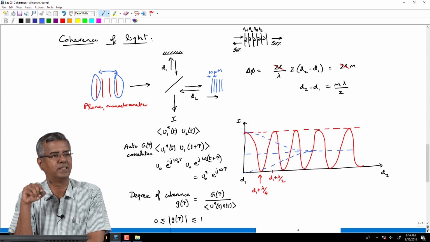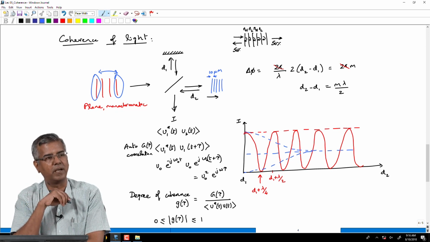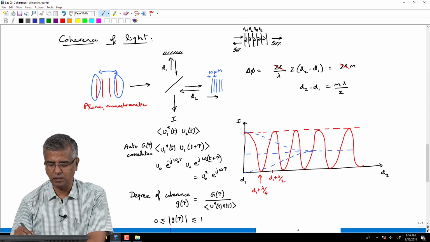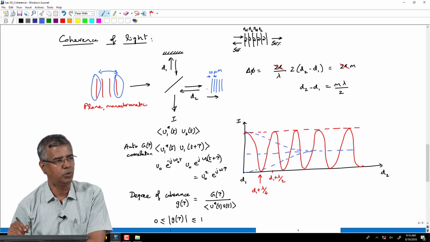I want to characterize this sample with 10 micron resolution. So, what do I do? I initially start with D1 and D2 being equal.